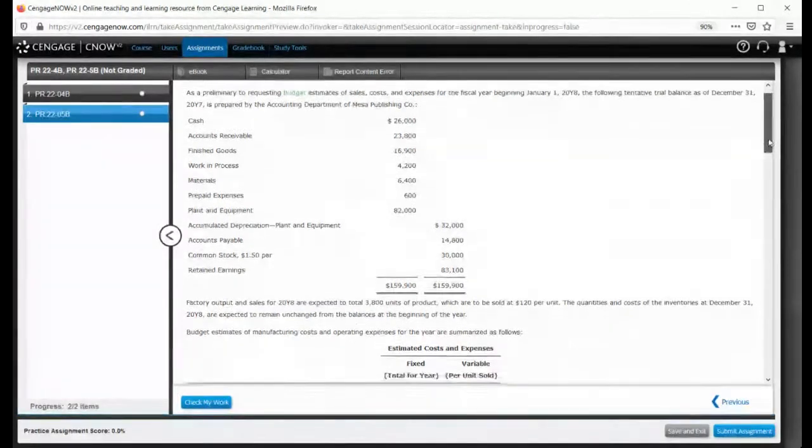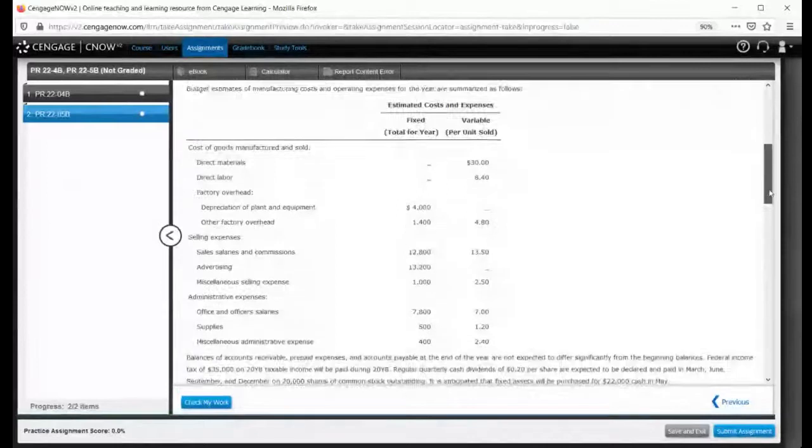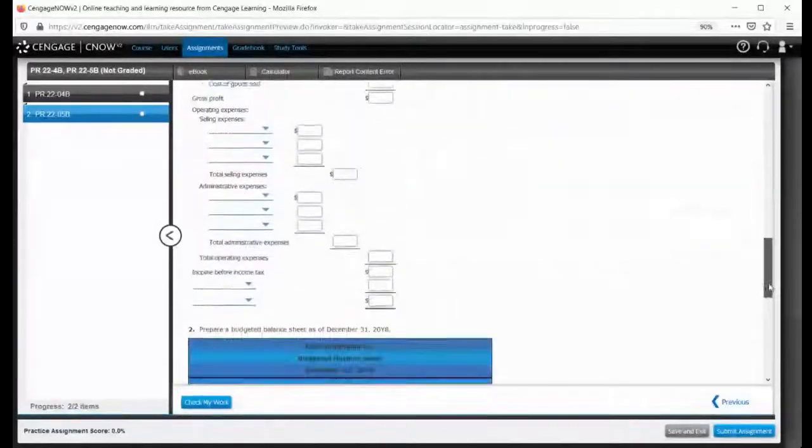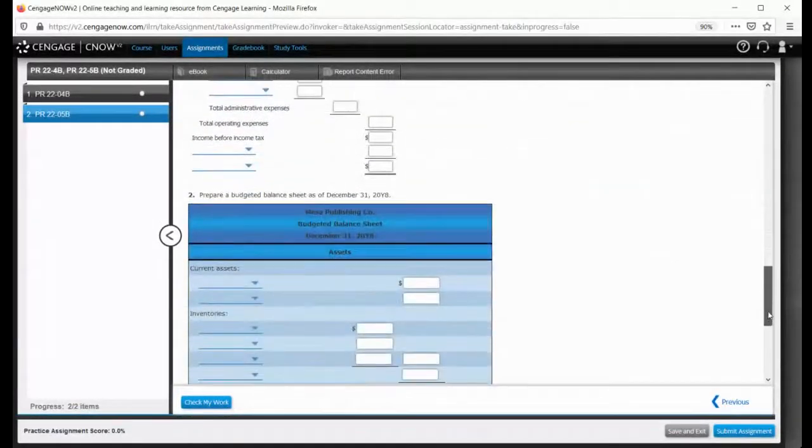And I would like to say to you before we get started that on the budgeted balance sheet for the cash account, you're probably not going to understand how to get the amount yet. The reason for that is because we skipped a couple of chapters in this textbook, and we haven't covered how to do what is called a statement of cash flow.